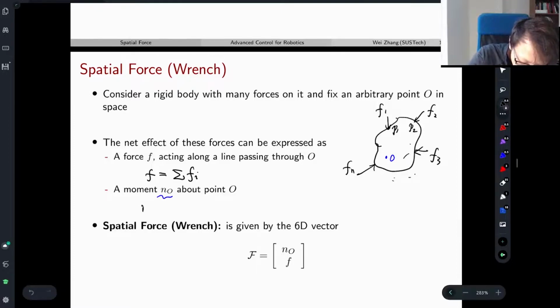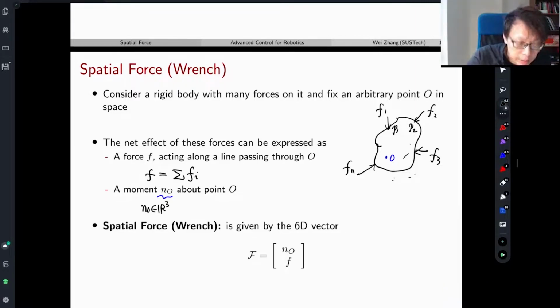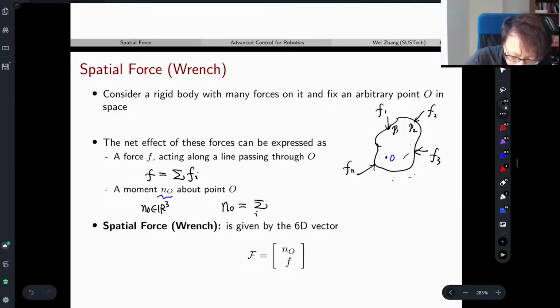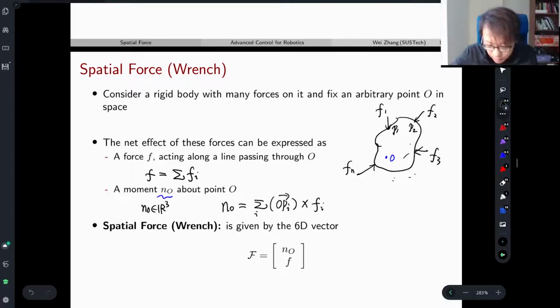What do you think about this NO? This is the moment. You know the individual moment, right? So the moment in this case will be the summation over i of the individual ones, from O to Pi cross Fi. Each of the individual forces will generate some moment, right?